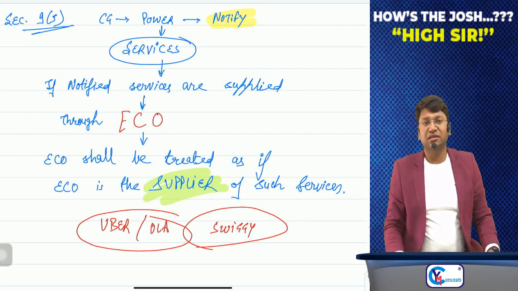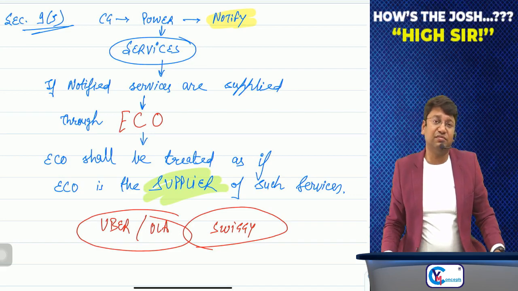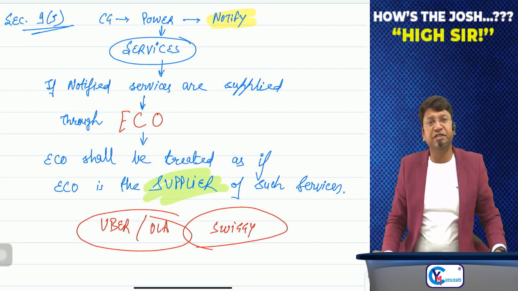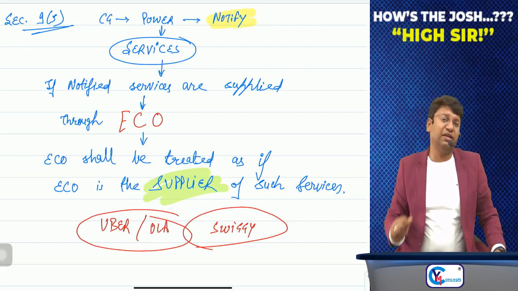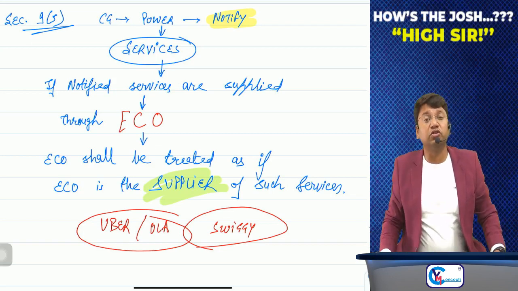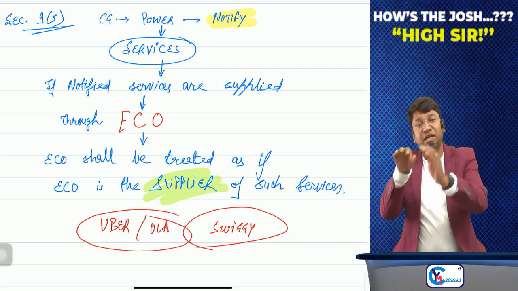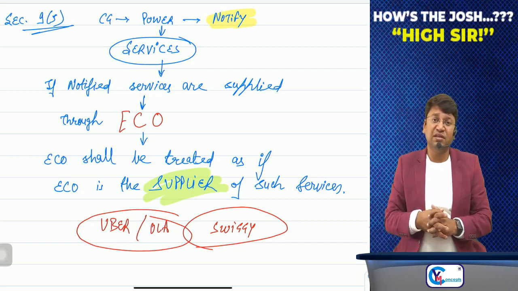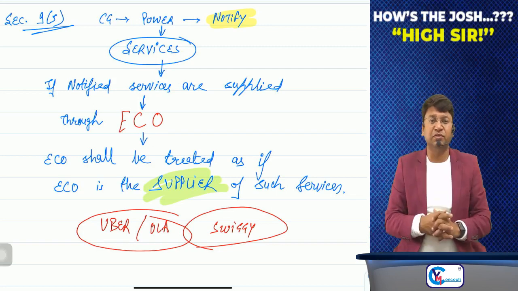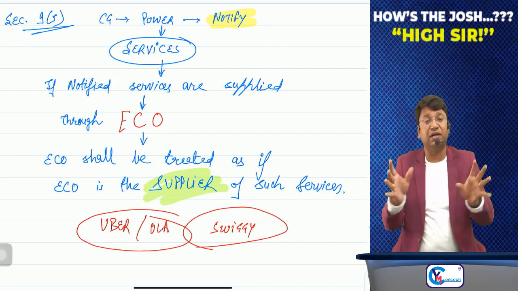And if the electronic commerce operator has a physical presence in India, he will have to pay the tax. But if the electronic commerce operator does not have any physical presence in India, then if any representative office is there in India, that representative office will be liable to pay tax to the government directly, not the driver.